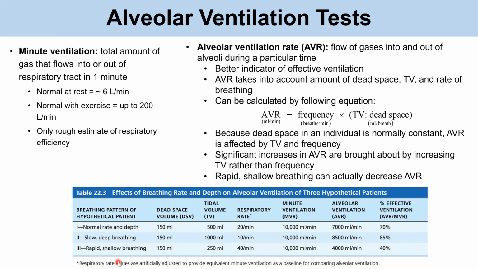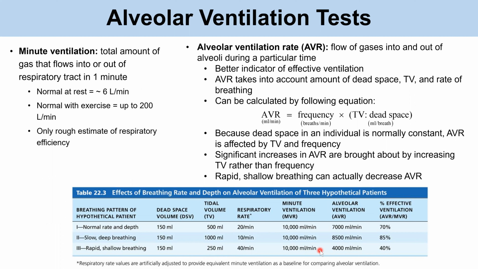An example of rapid shallow breathing would be like hyperventilating. So again, dead space volume remains constant, but this is really rapid breathing and really shallow breathing. So since it's shallow, you're not going to have as high of a tidal volume compared to normal. Specifically in this case, compared to normal, our tidal volume is cut in half, but our respiratory rate is actually doubled.